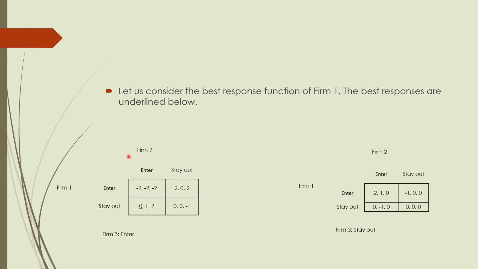This means that form 2 chooses the left column and form 3 chooses the left matrix. Given their choices, form 1 knows that its choice is to get either -2 or 0. Therefore, form 1 decides to stay out because it prefers to have the 0. So I underline it.